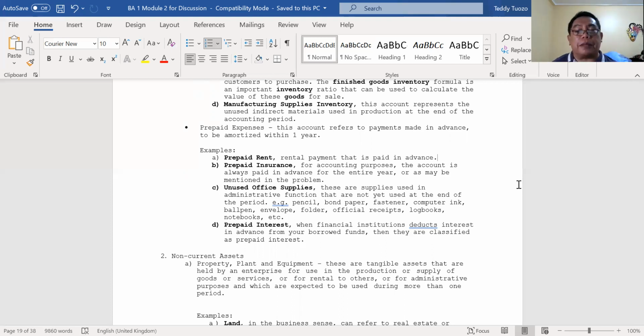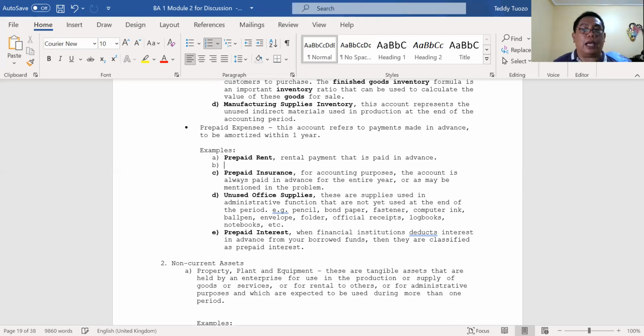Later on, it is still an asset, but later on there will be expense. So the expense for the rental would be rent expense. Okay?